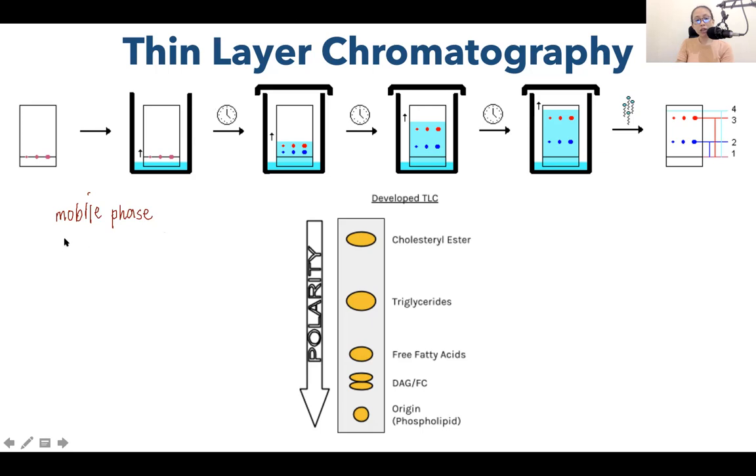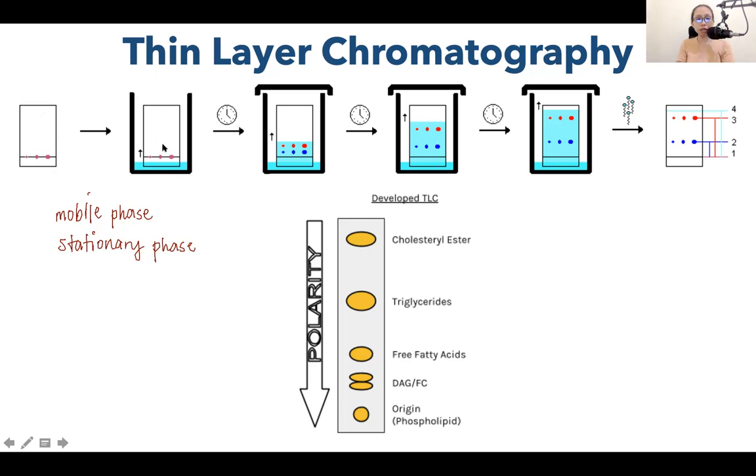And your stationary phase is your silica plate. On your silica plate, you place blots of your sample, right? And then after drying the solvent out, you place it into your developed chamber.